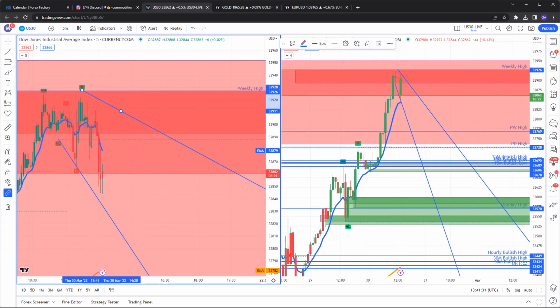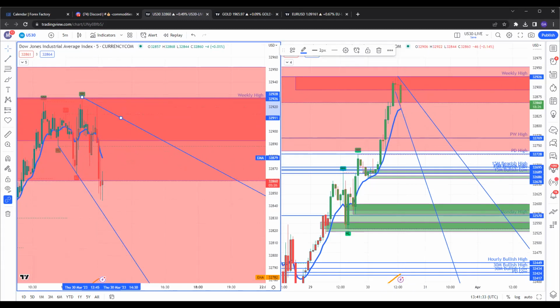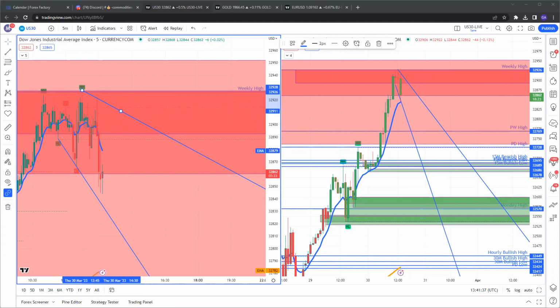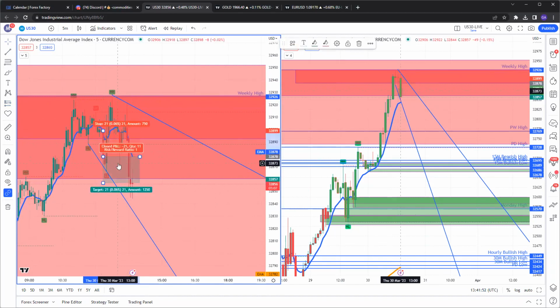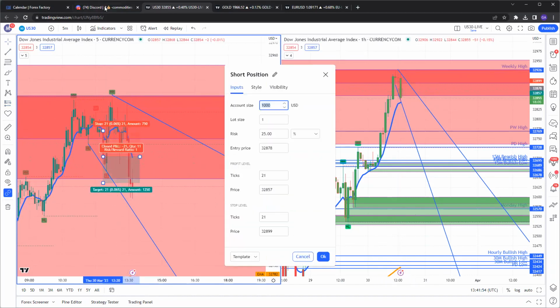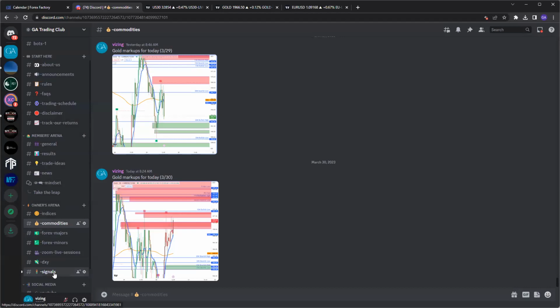One other thing, let me go over something on the signals that Audrey and I were talking about this morning. Before New York opened, we did get a sell signal on gold, on US 30 down here on the 5-minute time frame. By signals, I mean they're in this one right here.